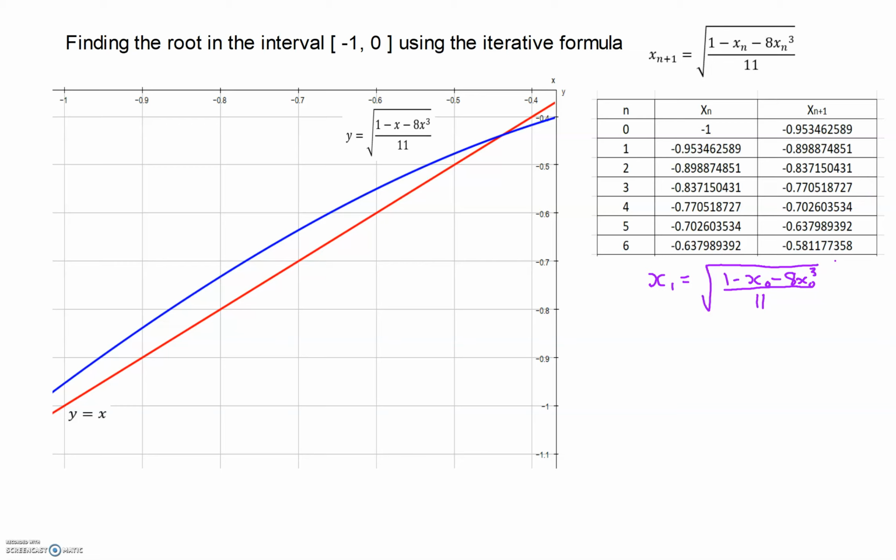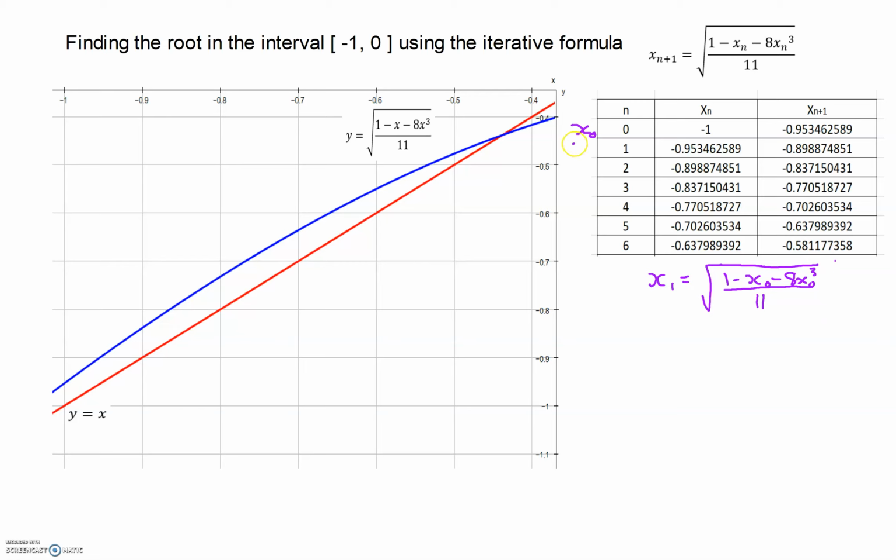So x0 is going to be -1. We know that x0 equals 0 is going to find the root in the interval 0, 1, because we've just done that in the first video. So x0 equals -1.